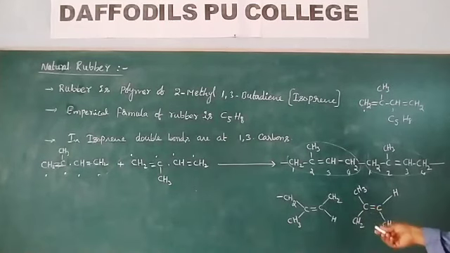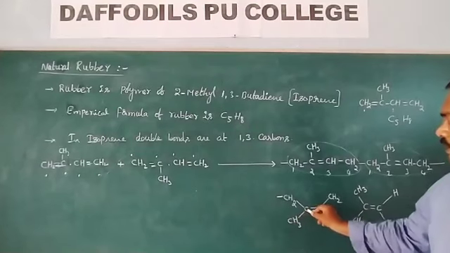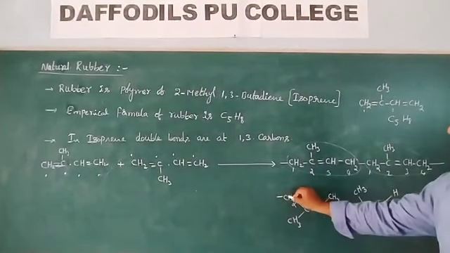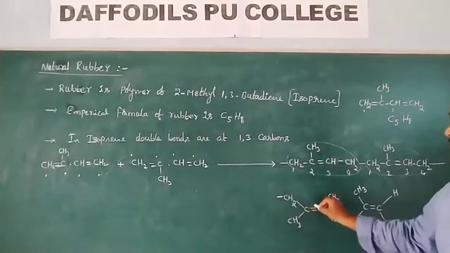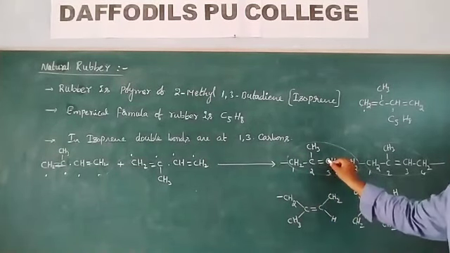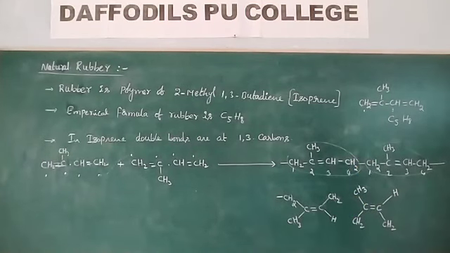Look at here. This CH2, CH3, C, CH2, C, CH3, double bond to this carbon, now the hydrogen and CH2. Now look at here. I am writing about this one.